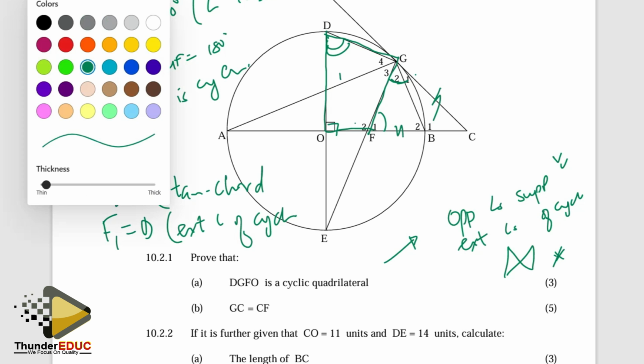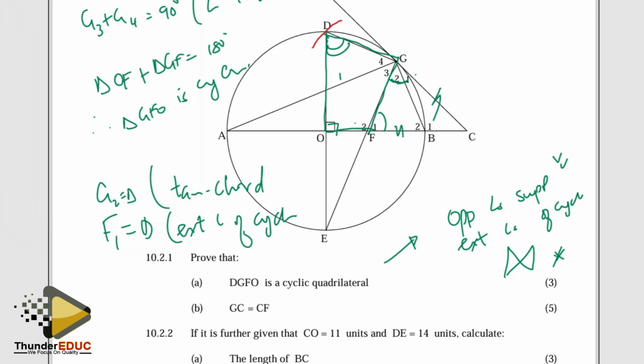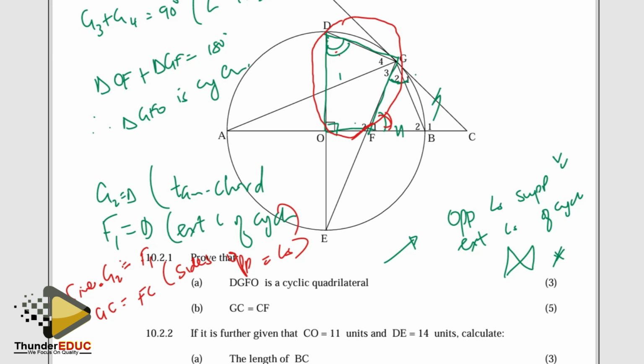Because remember, we proved that that is a cyclic quad, which means there is a mini circle here, and that's a mini circle. This angle must be the same. So we can say that it is the same as F1. And if that is true, then GC is going to be the same as FC. The reason is going to be sides opposite equal angles. Okay, and then you're done.